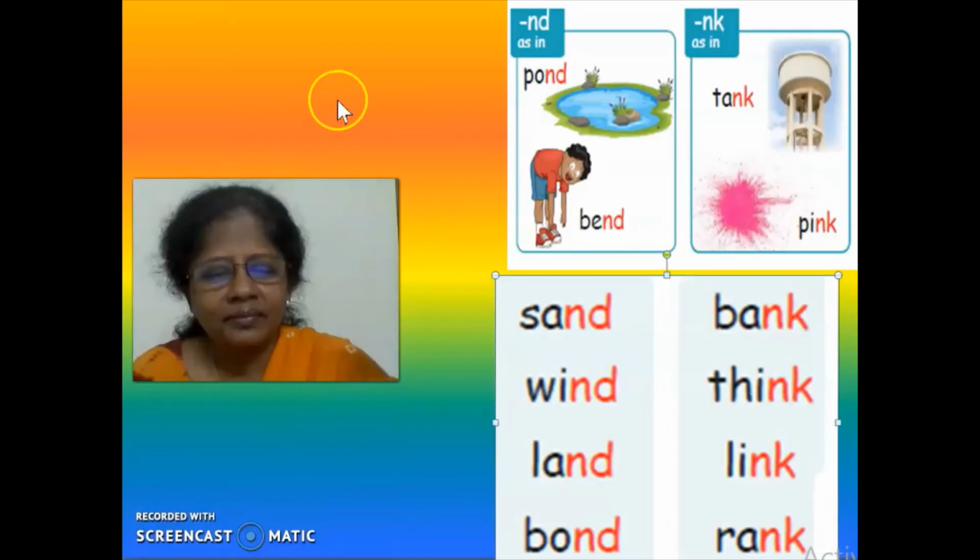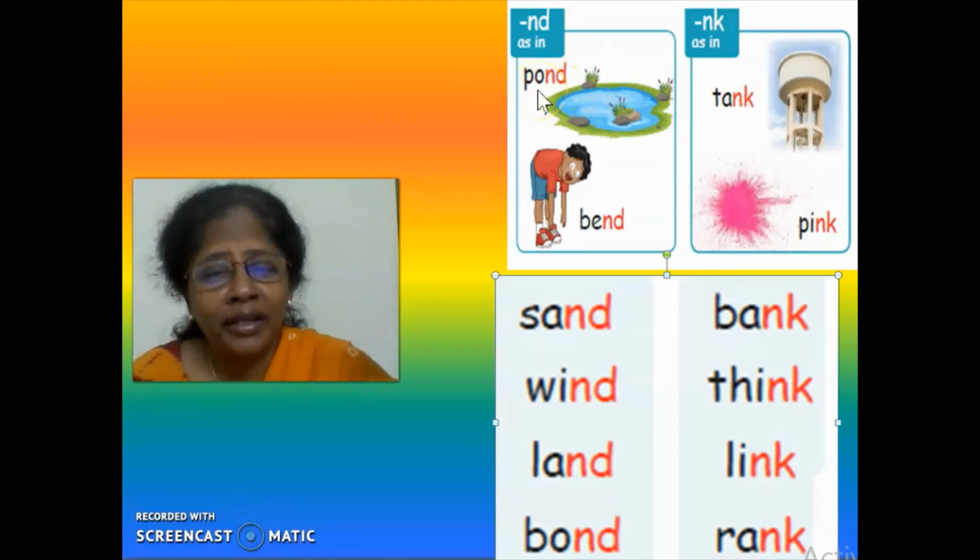Okay? Here we have the nd and ink sound. Nd. It has a D in the end, but you don't make the d so strongly. You make a very gentle, soft sound. So you say pond. This is p-o-n-d.